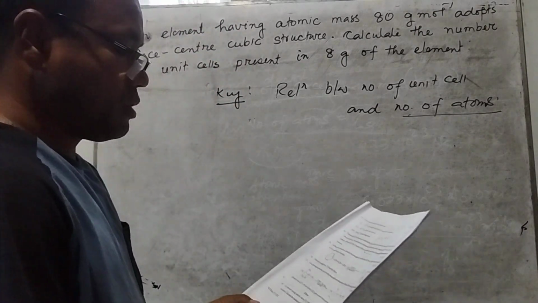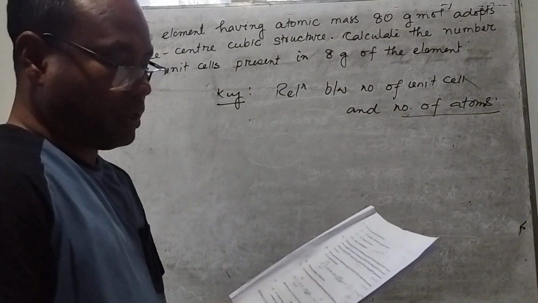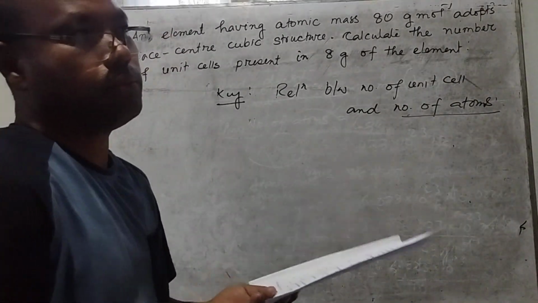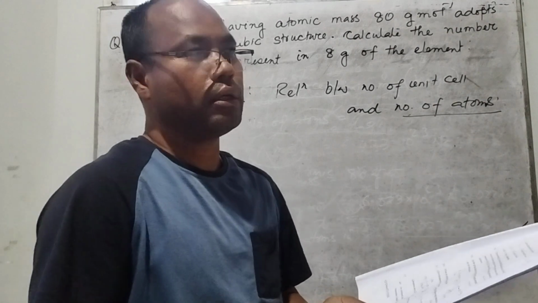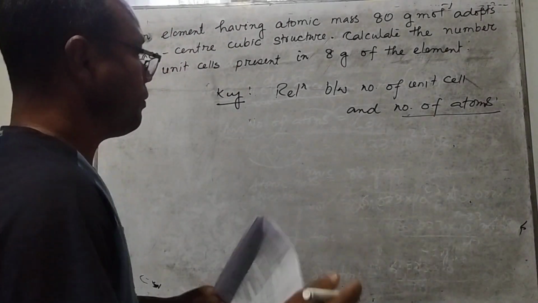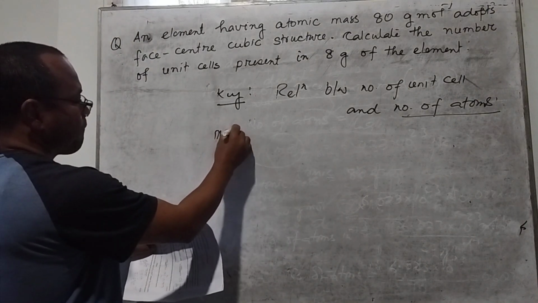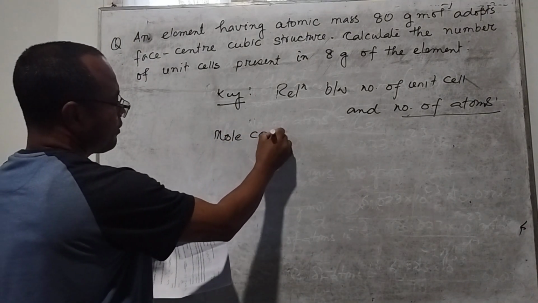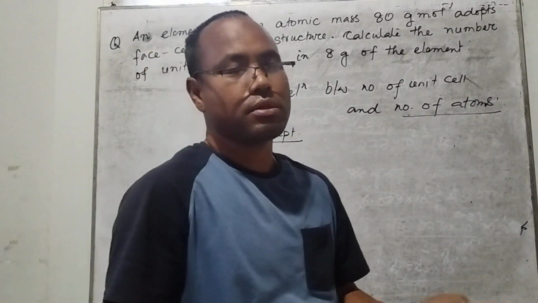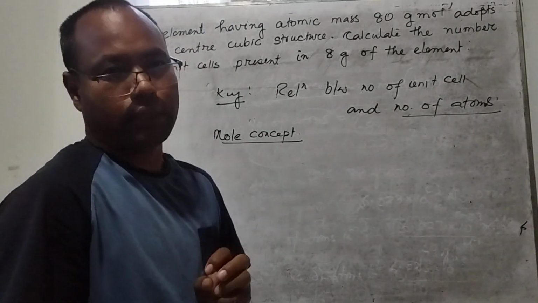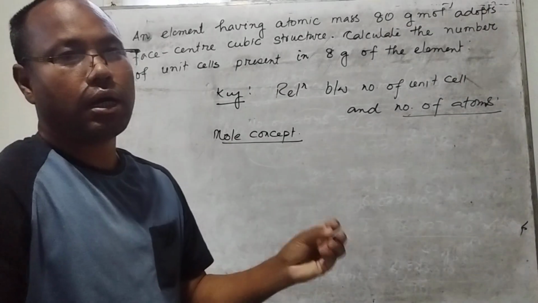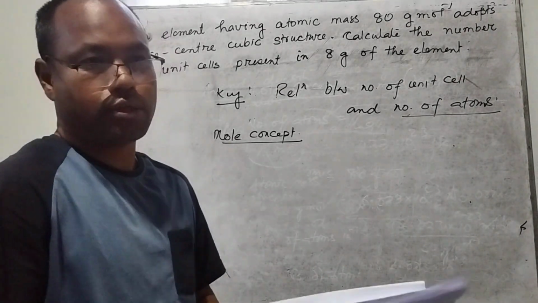Now, in the given question, how do we know the number of atoms? Here the very important concept we apply is the mole concept. By using the mole concept, we can calculate the number of atoms from the given number of moles or from the given mass of 1 mole of the substance.